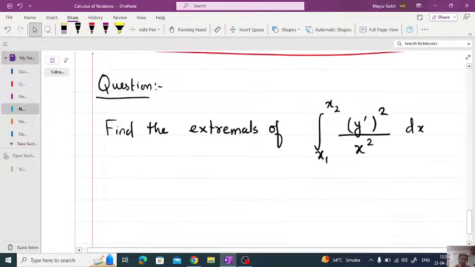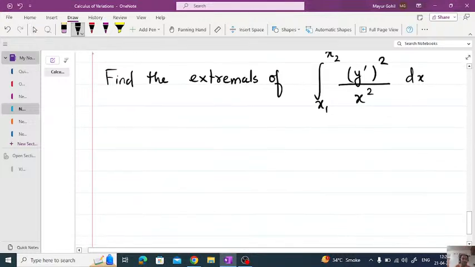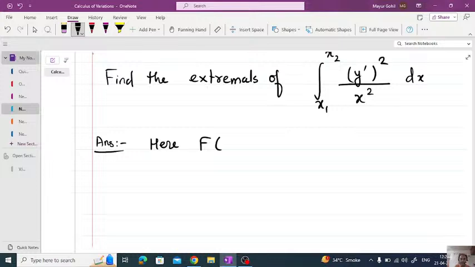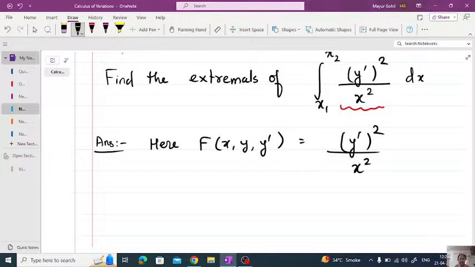So what we do here, first we see this. Here the answer we write is this way. Here f of x comma y dash is the function which is given in the bracket in the integration sign, which is what we are concerned with. Now here we can see it is (y dash)^2 divided by x^2.